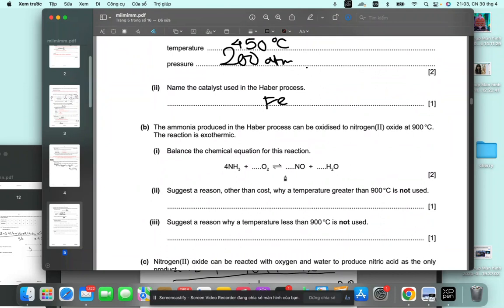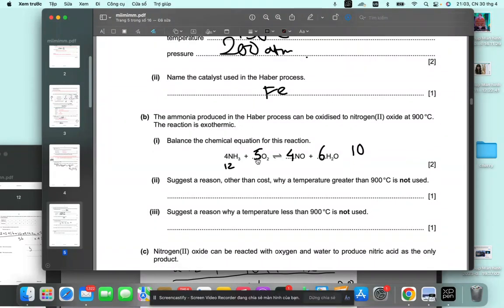The ammonia you produce in the Haber process can be oxidized to nitrogen oxide at 900 degrees. The reaction is exothermic. This would make 12. I think this would be 6. 4 NO. So it's 10 here, so it's 5 over here.